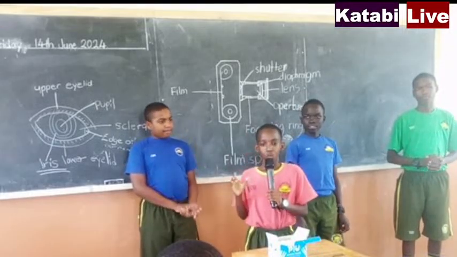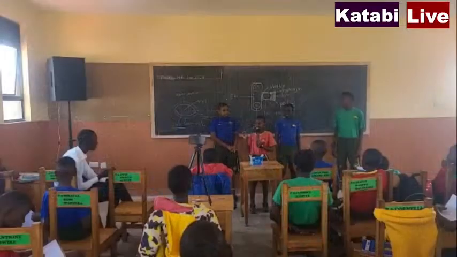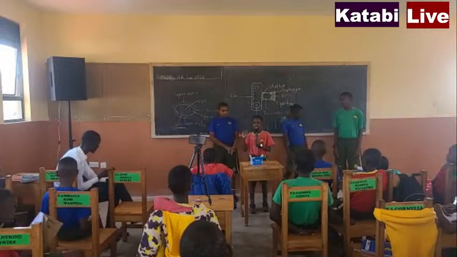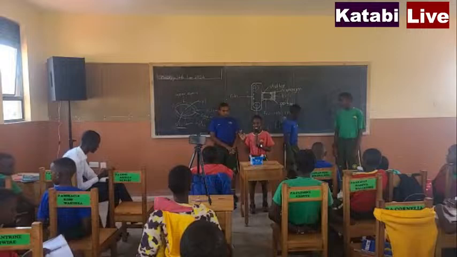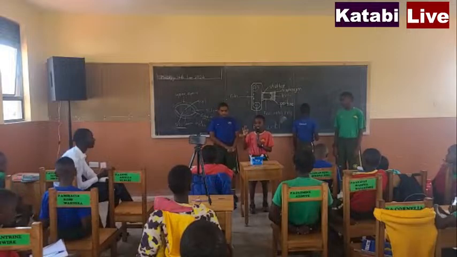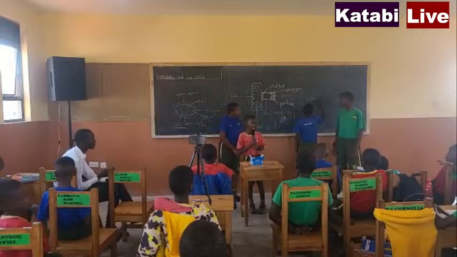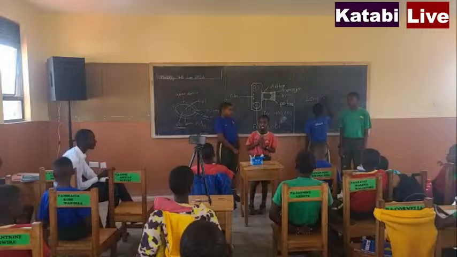The things that cause long-sightedness are having thin eye lenses and having short eyeballs.